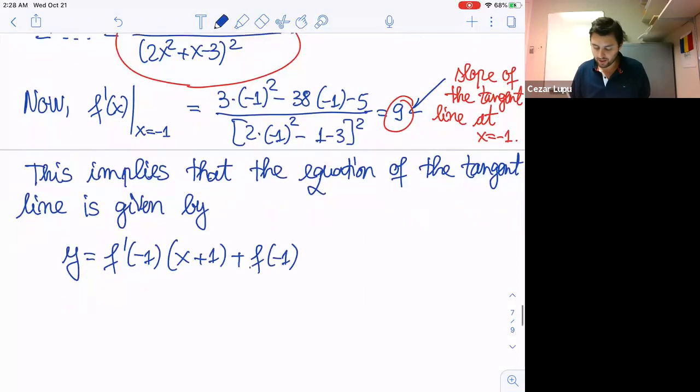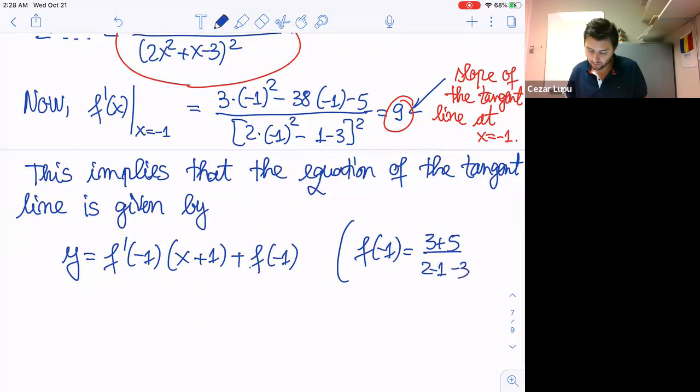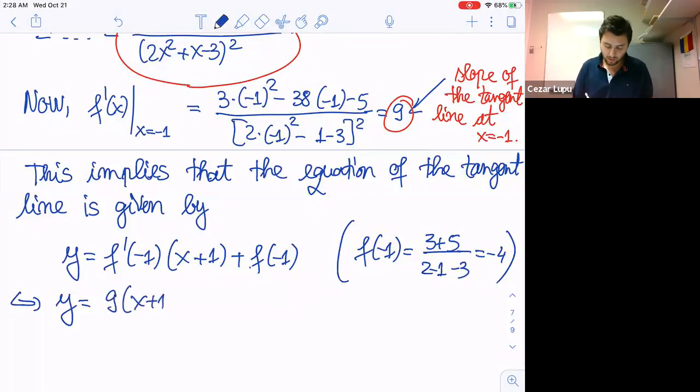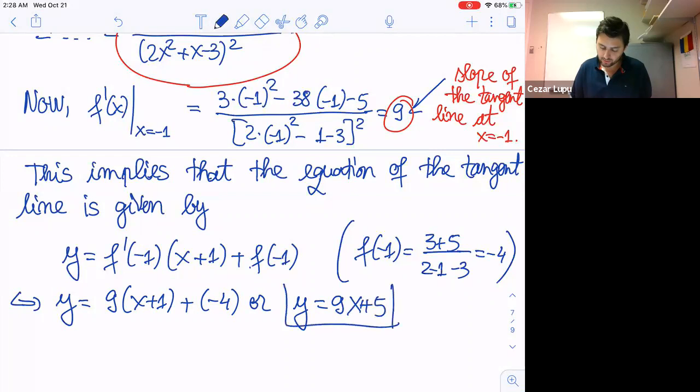Let's evaluate f of -1. This will be (3 plus 5) over (2 minus 1 minus 3), which is -4. So the derivative is 9, so it's 9 times (x plus 1) plus -4, or y equals 9x plus 5. So that is the equation of the tangent line, right?